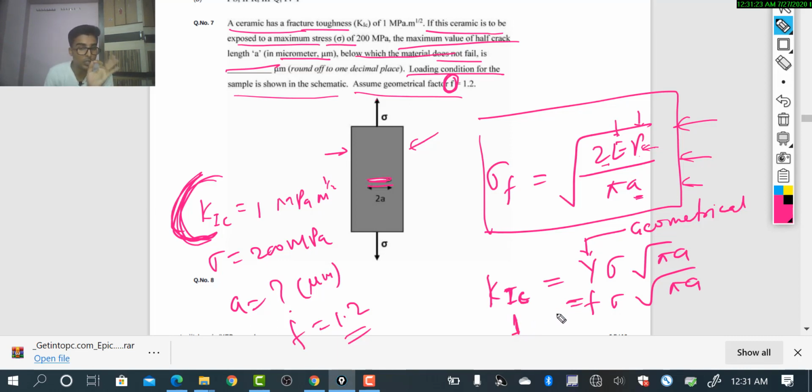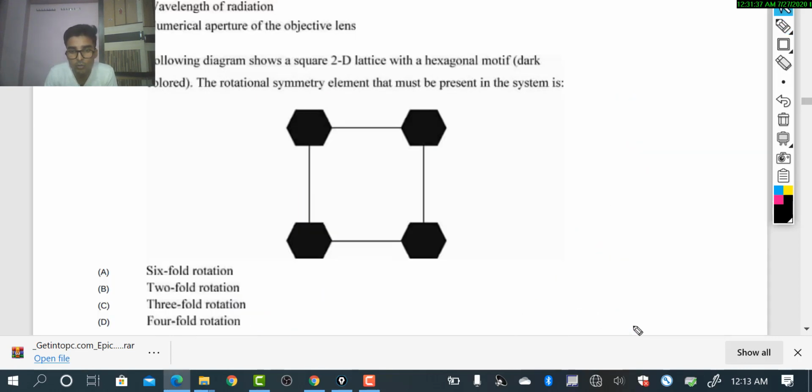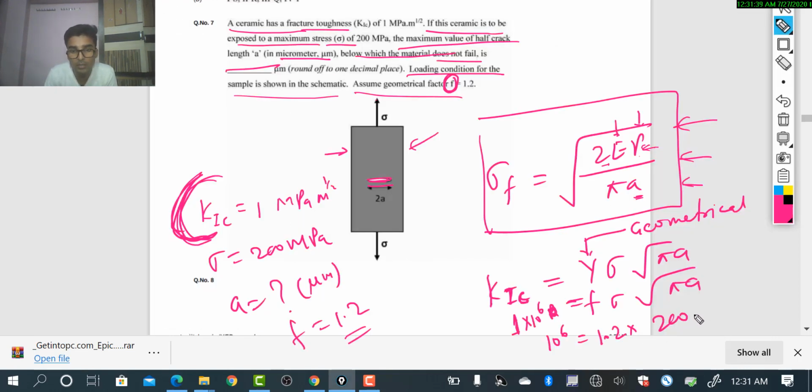Always pay attention to units. It can make a blunder, okay. So megapascal means 10 to the power 6 Pascal, which is Newton per meter square, so it is in SI. F is given as 1.2 and sigma is given as 200 megapascal. Here also we can convert into Pascal, okay. You can write it in Pascal.